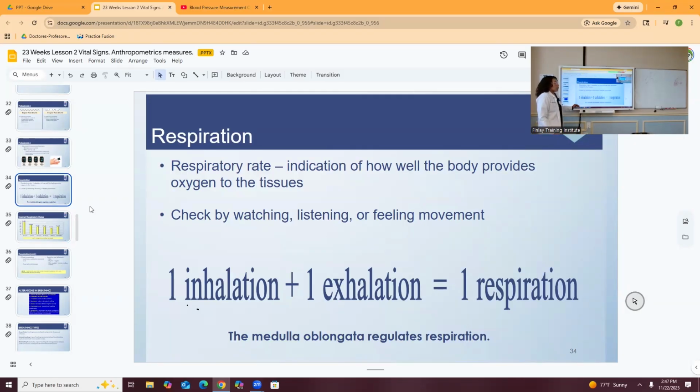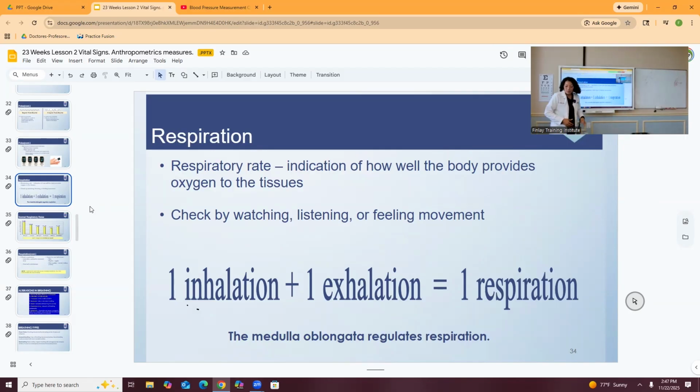And it's important to know because in some cases, when there's an affectation of the nervous system, accidents, strokes, or anything that happens in the brain, it can affect the respiration, okay? So to make sure that we count, we are not going to tell the patients, let me count your respirations, because that is going to make the patient aware, and the patient can increase or decrease the respiration because he is aware of what you're doing.